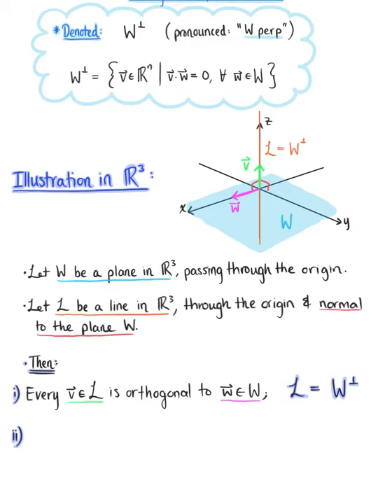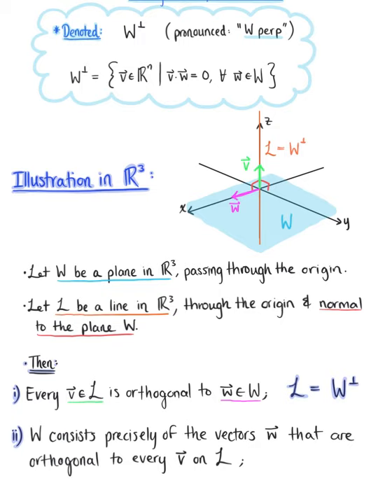An alternative way to think about this, we can say that the plane consists precisely of those vectors W that are orthogonal to every vector V on the line. And again, in other words, we can say that W is equal to L perp, that the subspace W is equal to the orthogonal complement of the line.